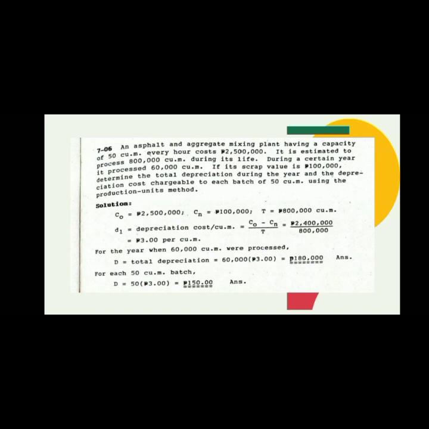It is estimated to process 800,000 cubic meters during its life. During a certain year, it processed 60,000 cubic meters. If its scrap value is 100,000 pesos, determine the total depreciation during the year and the depreciation cost chargeable to each batch of 50 cubic meters using the production units method.